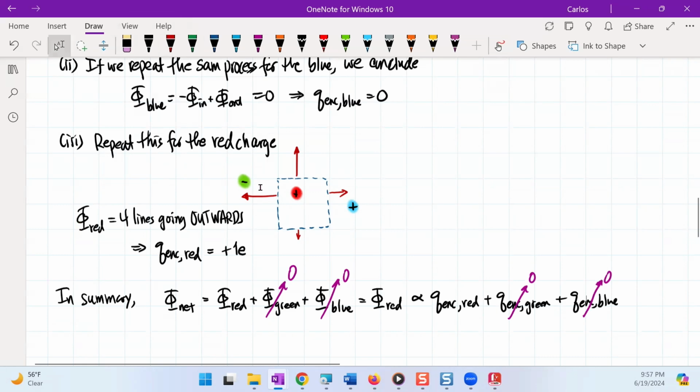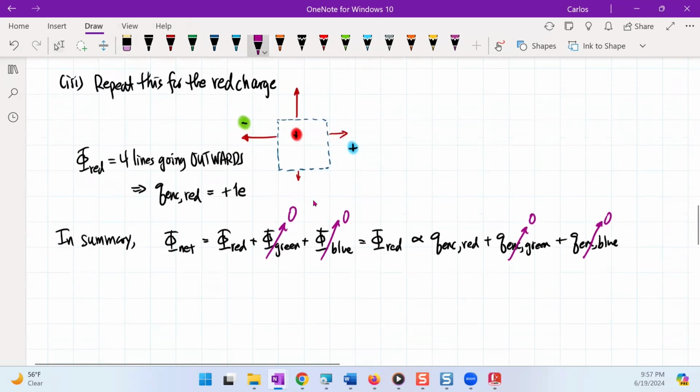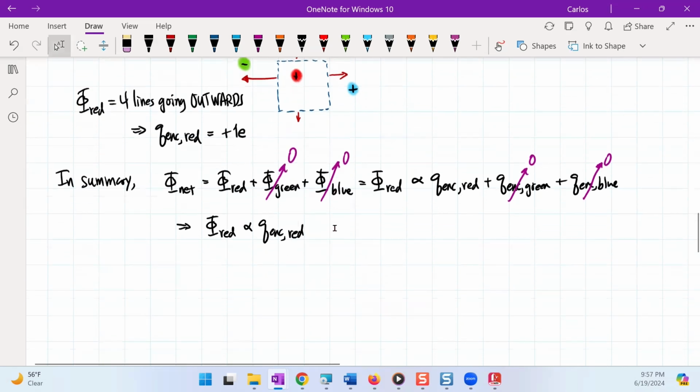And so we then find that it's the flux. So this tells us that the only flux we can measure is the one produced by the enclosed red charge. The blue and the green will not contribute to the flux.